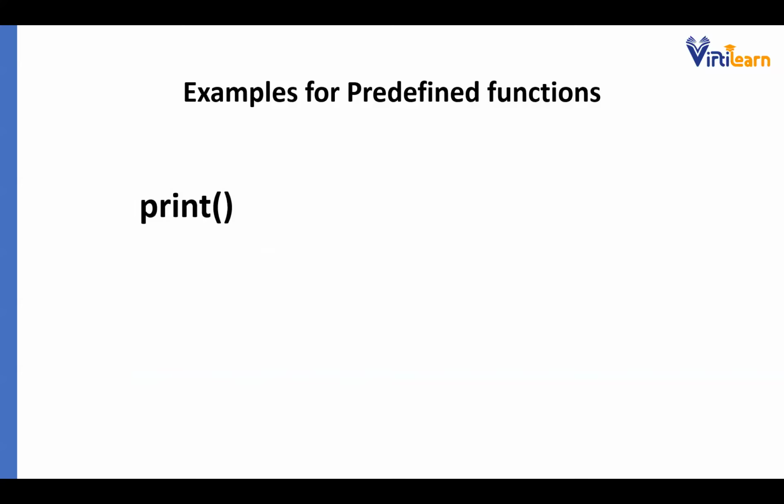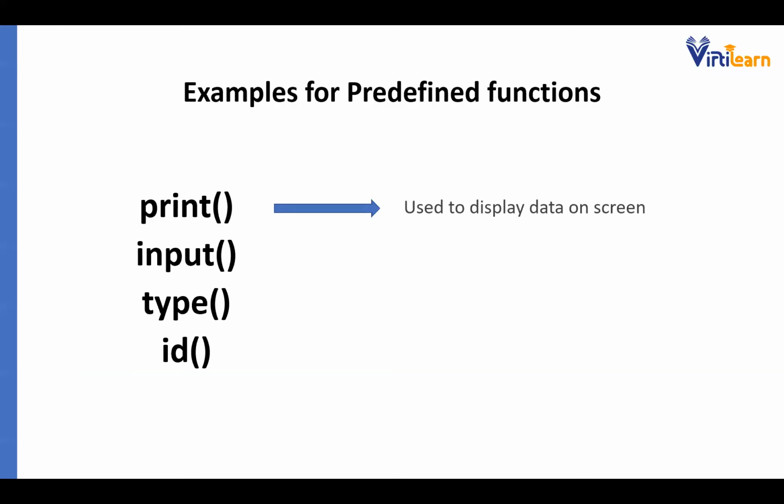You see here, we are going to use this print function. Now, what does the print function do? We have the print function, the input function, the type function, and the id function. These are four inbuilt, predefined functions. So what did I tell you about a function? A function is something which performs a task. The print function is used to display data on the screen.